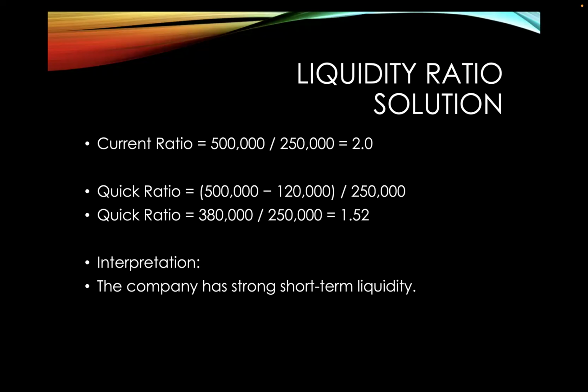That's an indication of a strong short-term liquidity, and we like that. So if we're going to assess this customer, for example, and we're just looking at its liquidity ratio, then it's telling us that yes, we can extend credit to this customer. Okay? So that's liquidity ratio.